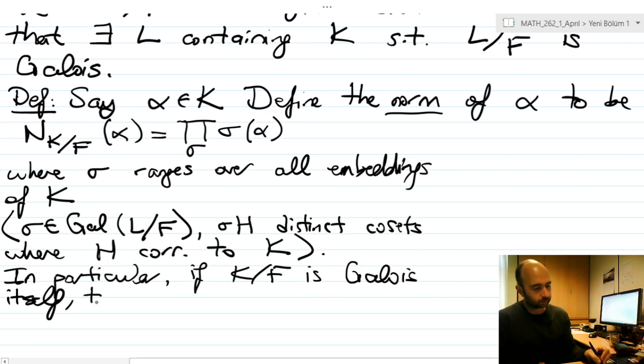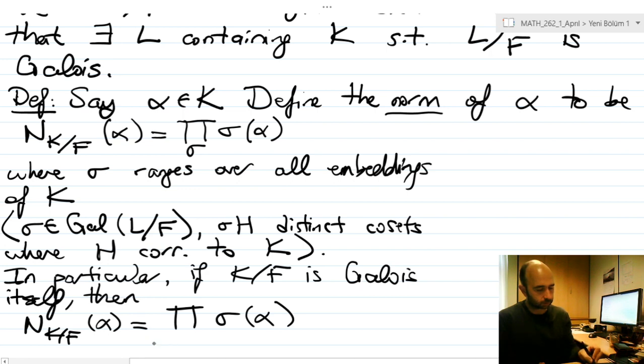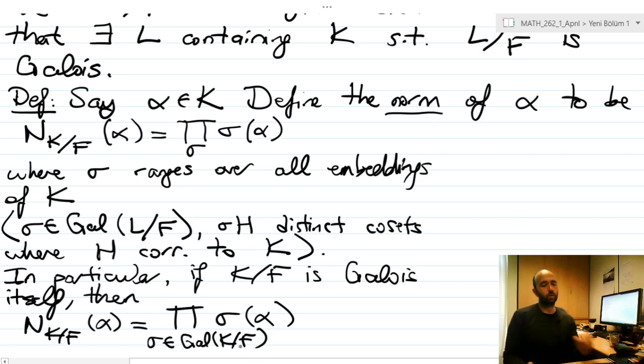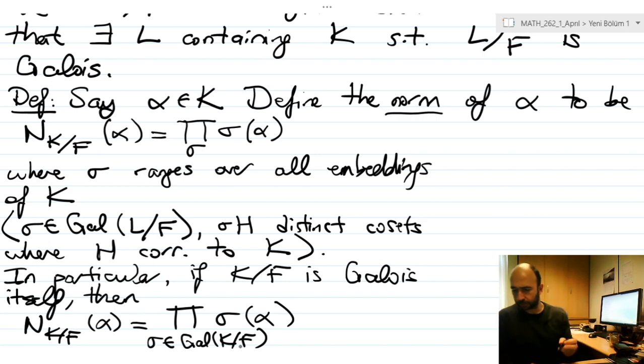Then this norm is nothing but the product over all automorphisms in the Galois group. If K over F is Galois, then all embeddings are automorphisms. So this is fine.